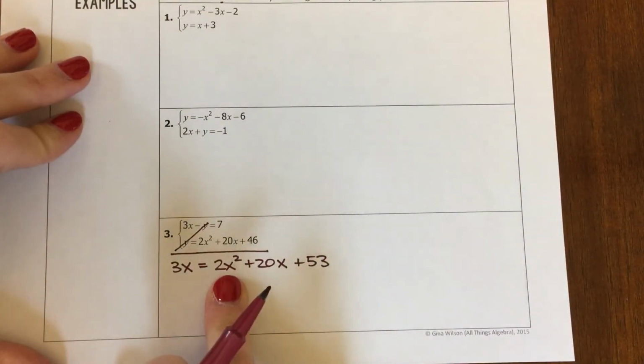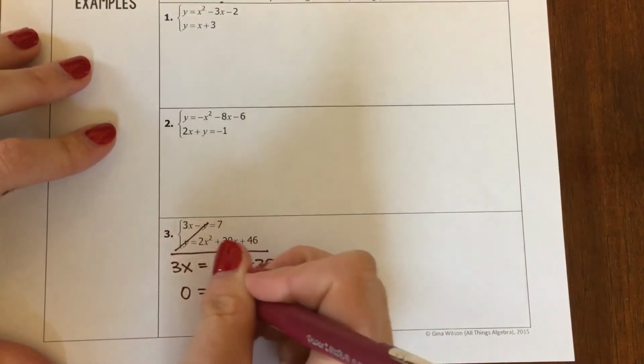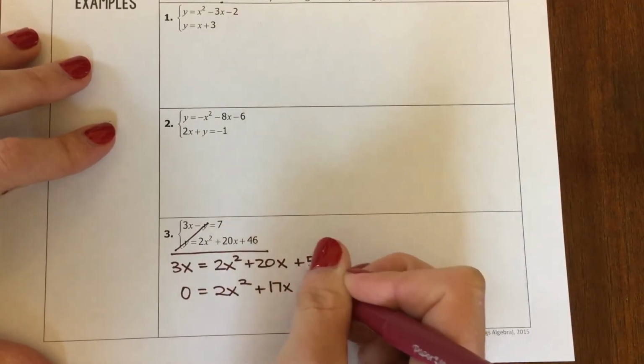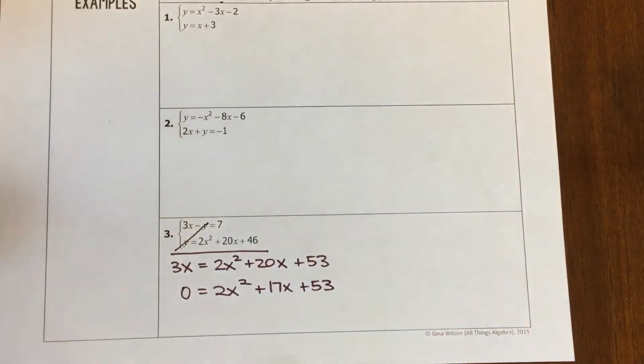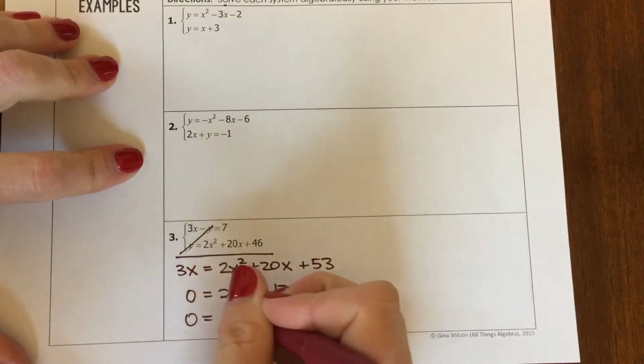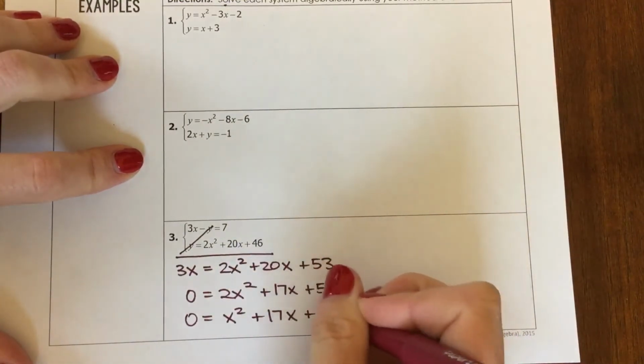So this is a quadratic, which means I want everything on one side of the equation. I'm going to move the 3x over, so subtract 3x from both sides. Subtract 3x from the 20, and I get 17. And this is 53 right here. So I try to factor it. I am going to try to divide out this 2, but I can't. This isn't divisible, this isn't divisible. So if I have to leave this here, I'm going to do the slide and divide method. Slide the 2 down to the end, multiply by this, which I get 106.